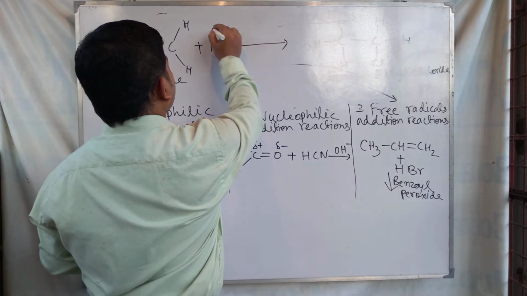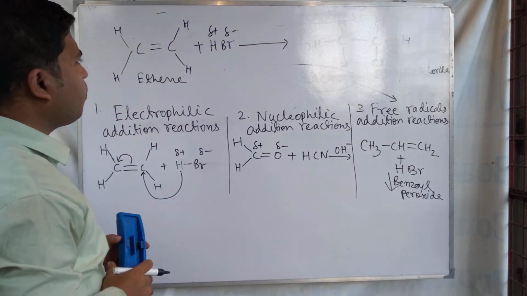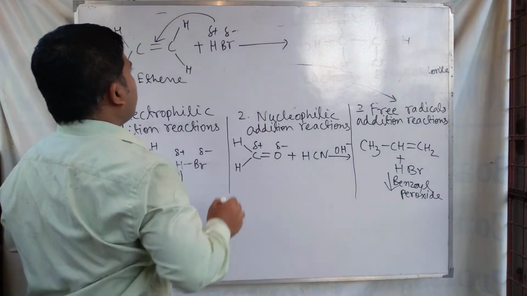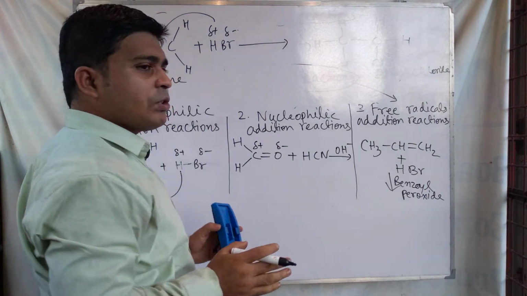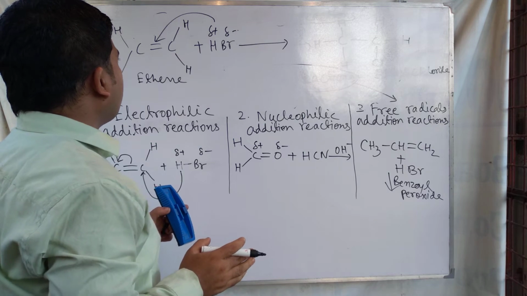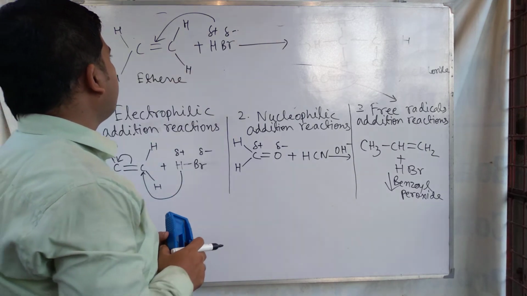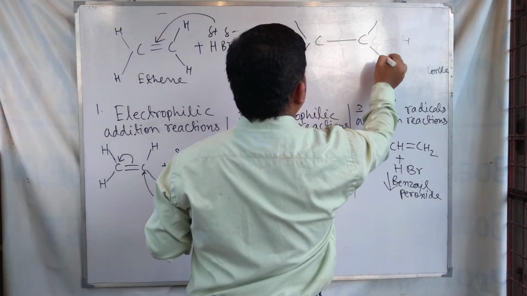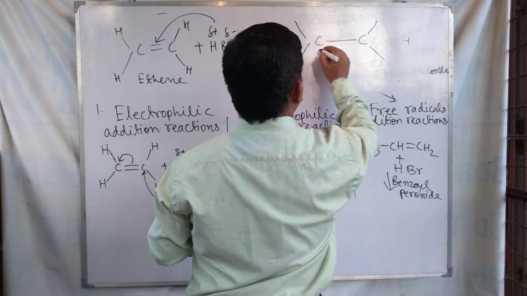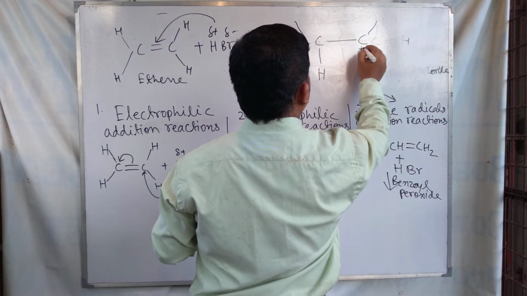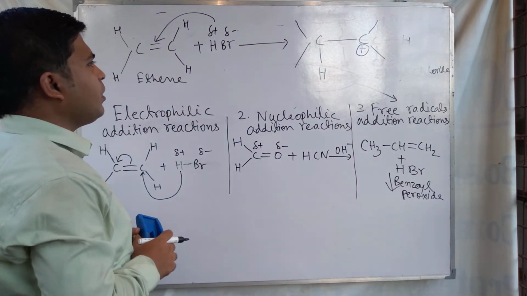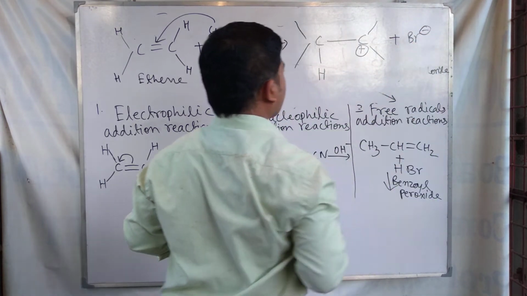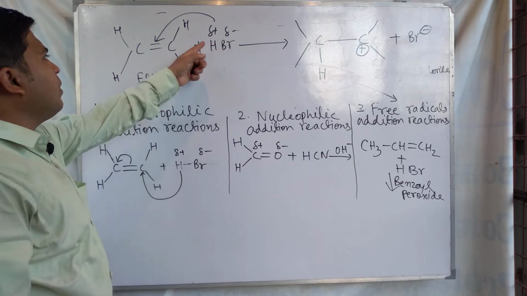Here bromine has a delta minus charge, hydrogen has a delta plus charge, and in this double bond H plus is at first added to the alkene system, and another carbon is now becoming a plus charge, and Br minus.